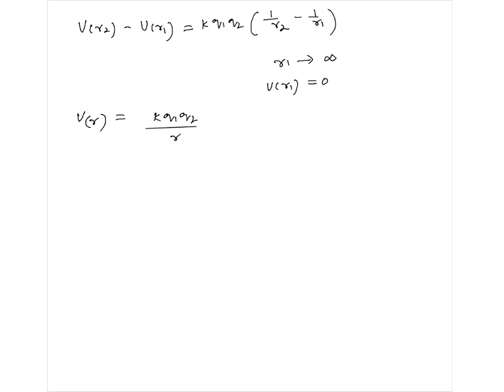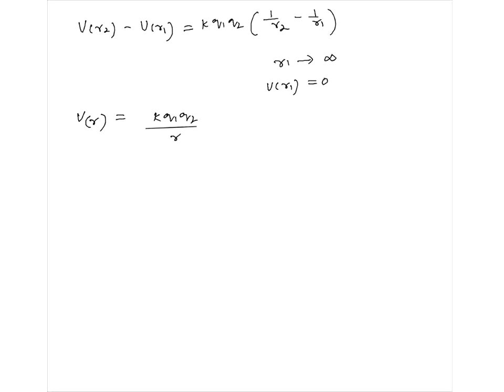So can we suppose R2 tends to infinity? Can R2 be infinity? You can take whichever one you want as infinity. So suppose you want to take R2 as infinity.